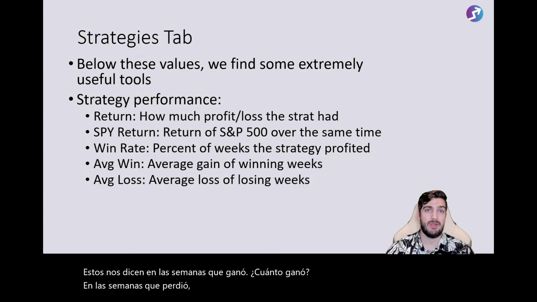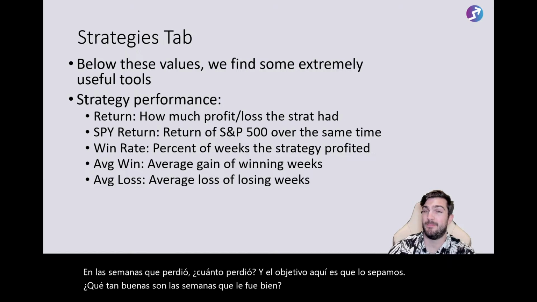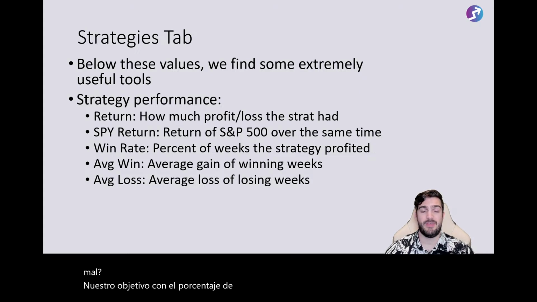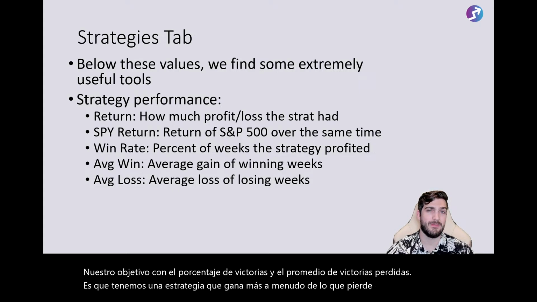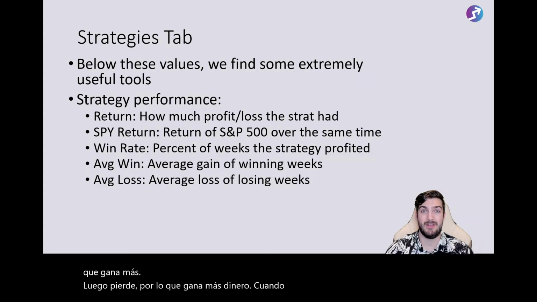And the goal here is for us to know how good are the weeks that it did well, how bad are the weeks that it did poorly. Our goal with win rate and average win loss is that we have a strategy that wins more often than it loses, and a strategy that wins more than it loses. So it makes more money when it wins than it loses when it doesn't win.